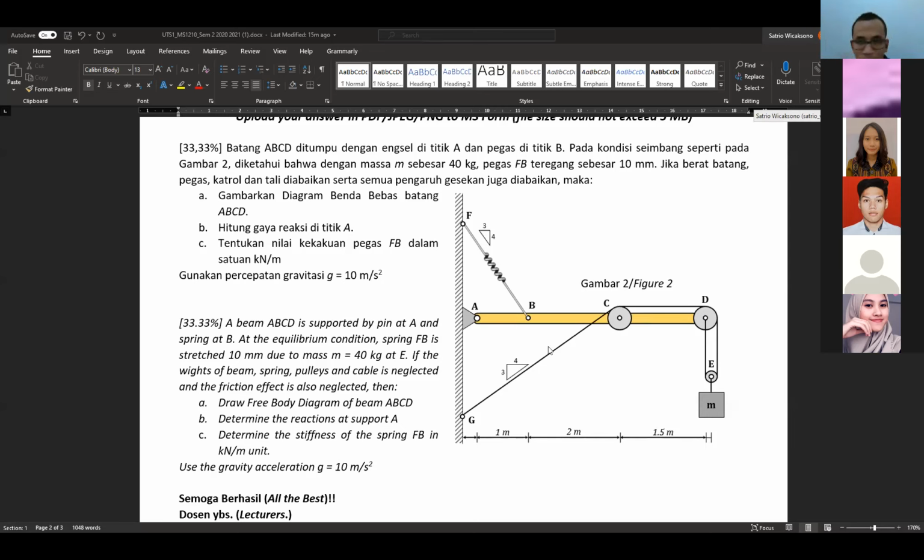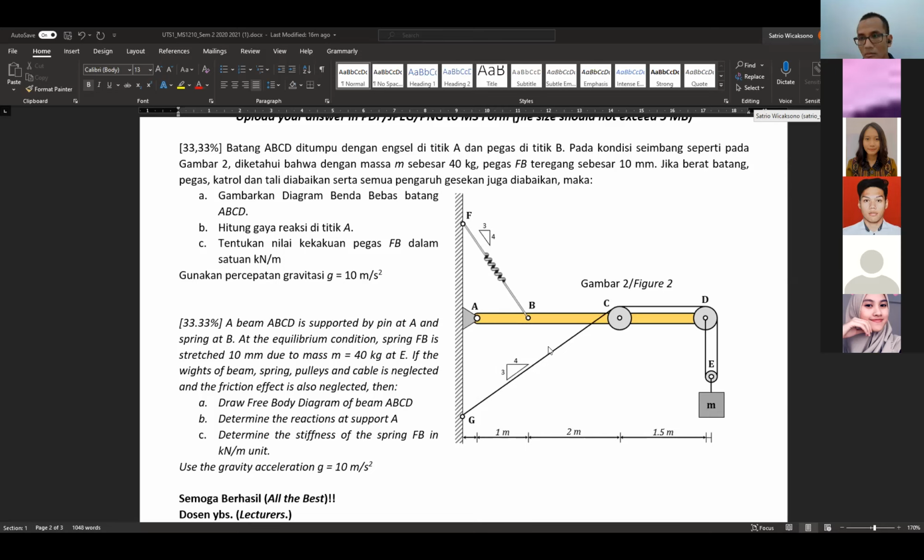Then in part A it is stated that I only need to draw the free body diagram of ABCD. So is it right if I only draw the stick, but show an extra force by the tension just by an arrow, not drawing the E also? It's okay.